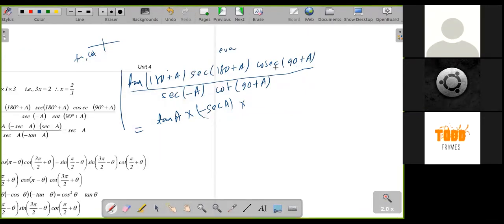Next cosec(90 plus a): this is a multiple of 90, so it will change, and cosec will change to sec. And this is in the second quadrant, and in the second quadrant sine and cosec remain positive, so it will remain positive, sec a.